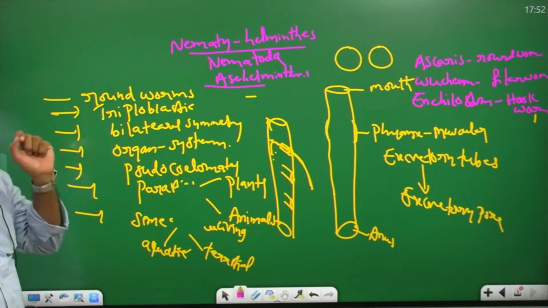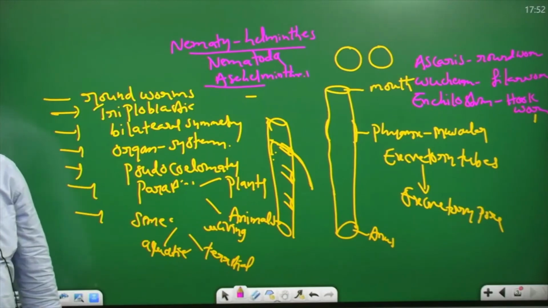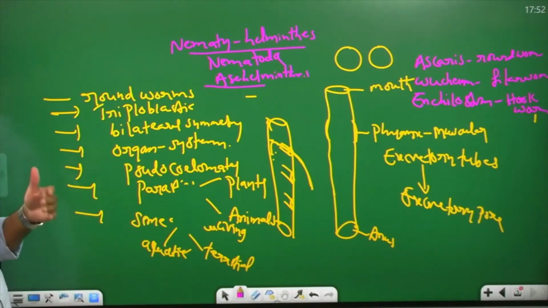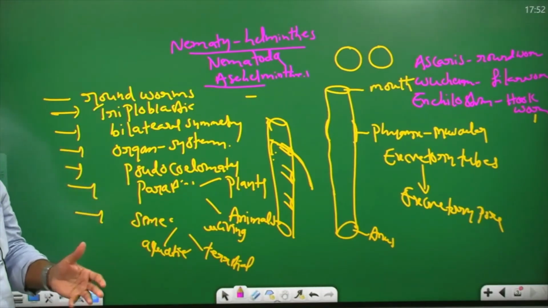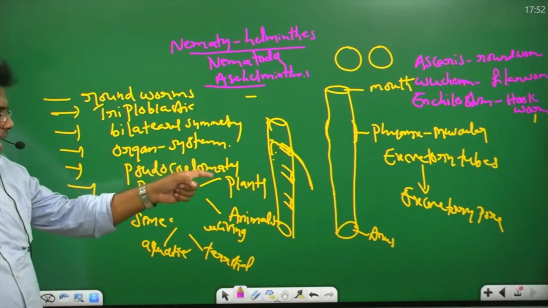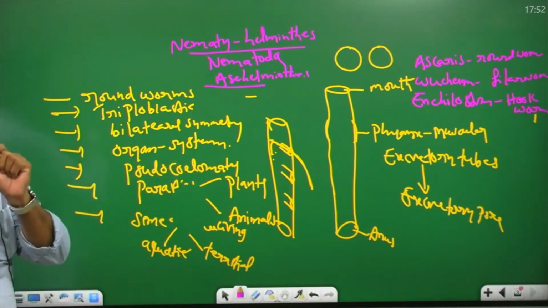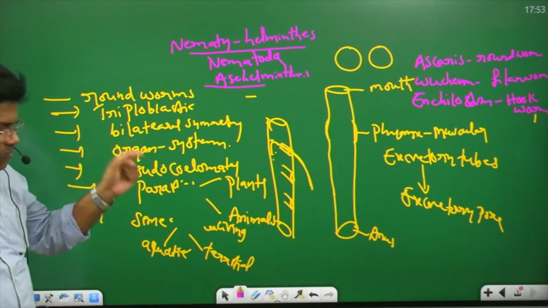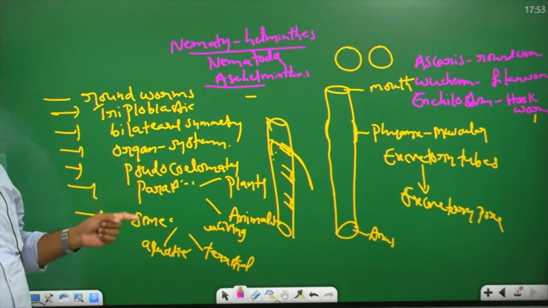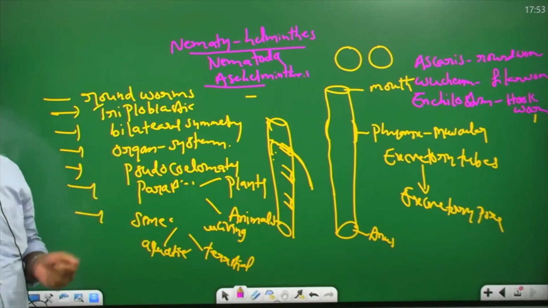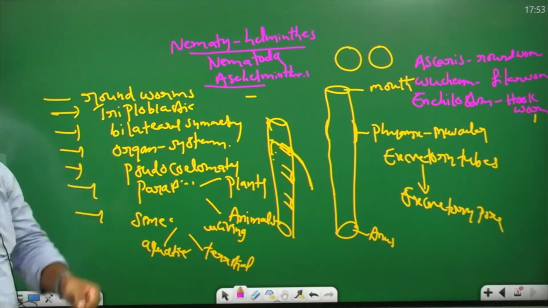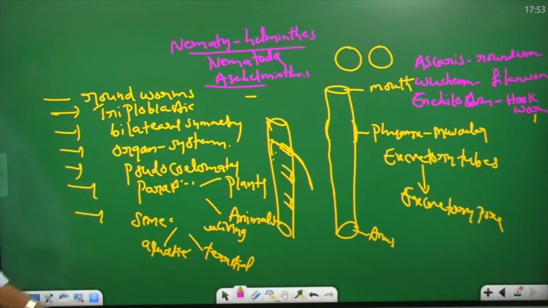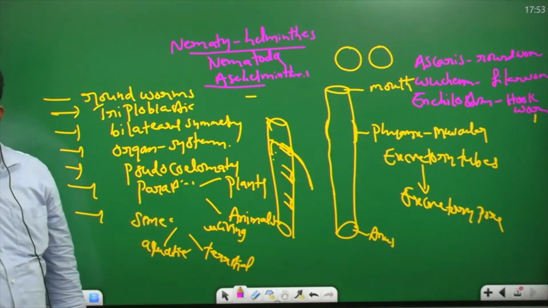They are pseudocoelomates; false coelom is present. Mostly they are parasites, exhibiting parasitism on plants and animals. Some are free living in water and on land. When they live in water it is called aquatic; when they live on land it is called terrestrial.